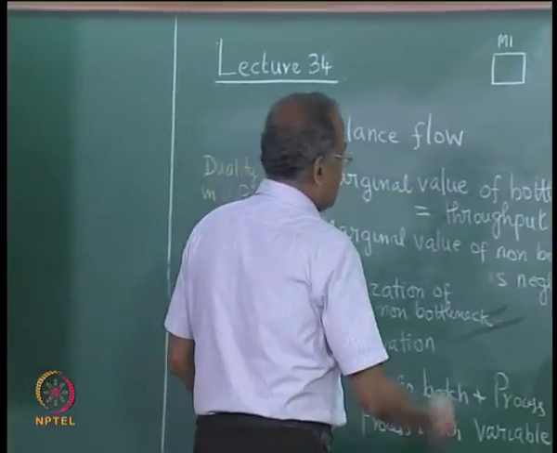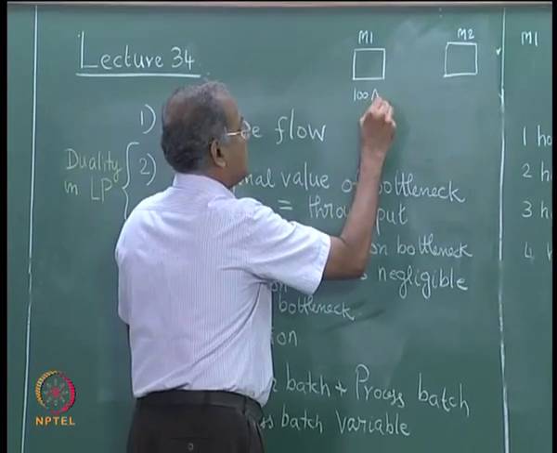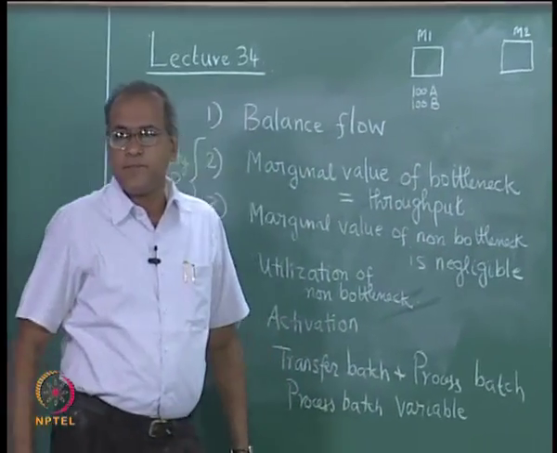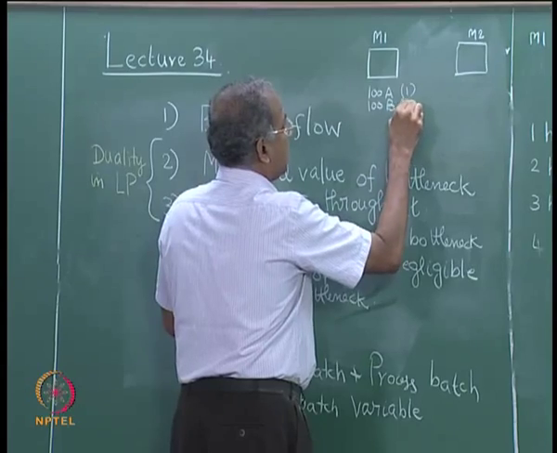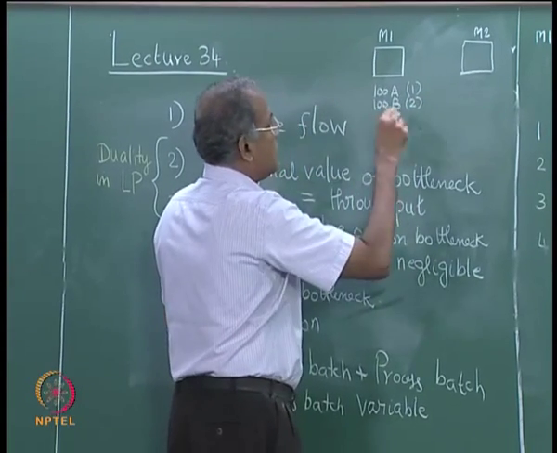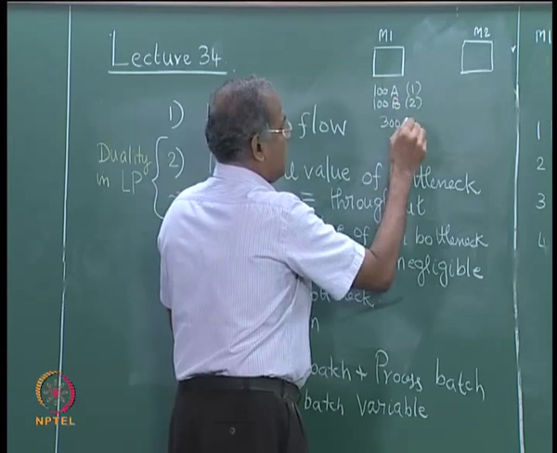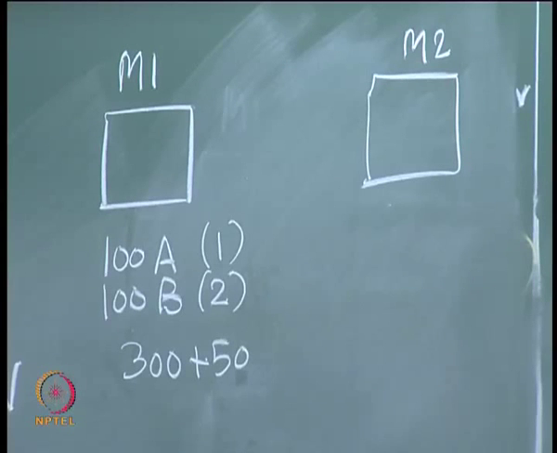Now, for this, if I do 100 of A and 100 of B, let us say A takes 1 minute, B takes 2 minutes. To produce this, the time required is 300 plus one setup, let us say 50, and then I bring it back. So, 2 setups plus 100.